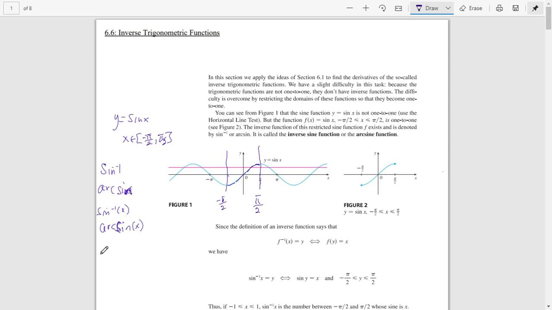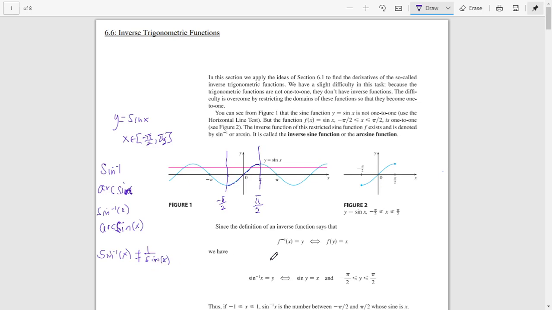Now notice that this is the inverse of the sine function. The inverse sine function is not the same thing as the reciprocal of sine. This is not equal to 1 over sine x. No. So don't confuse these two, they are not the same.